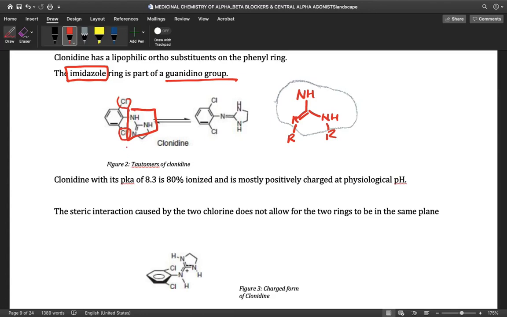Now, because of the steric interaction caused by the two chlorines, the imidazole ring that is part of the guanidino group and the benzene ring are actually not in the same plane because of the steric hindrance that's caused by these chlorines here. The benzene ring and the imidazole ring are not in the same plane.